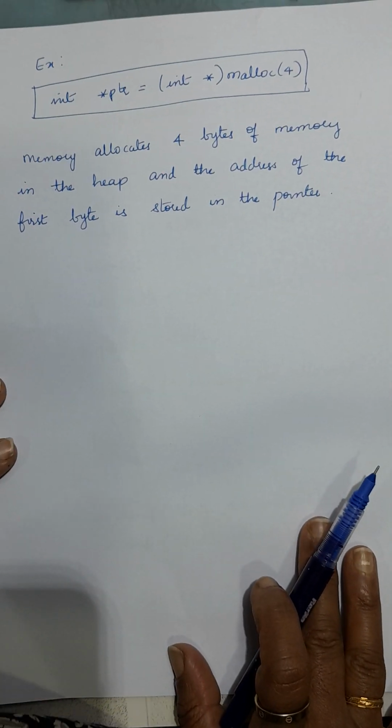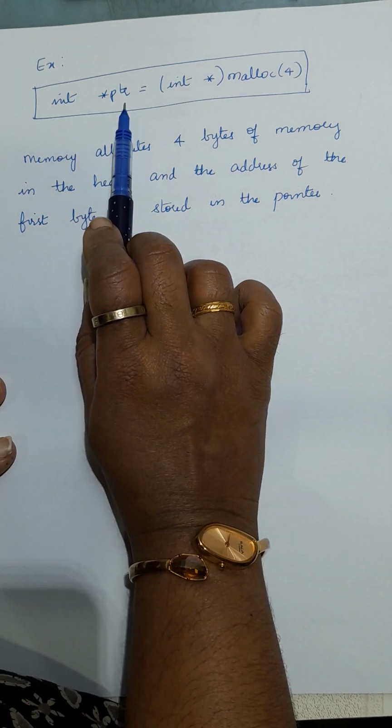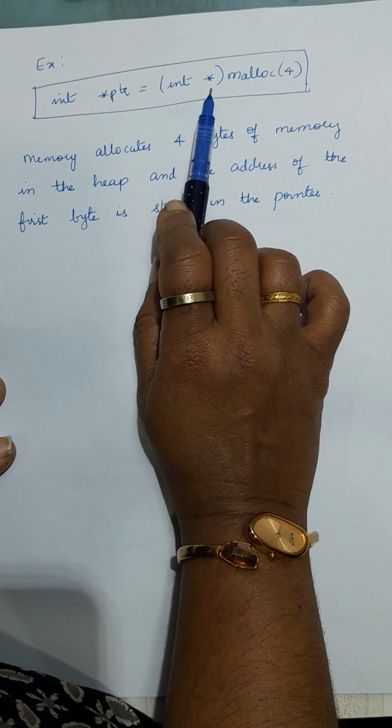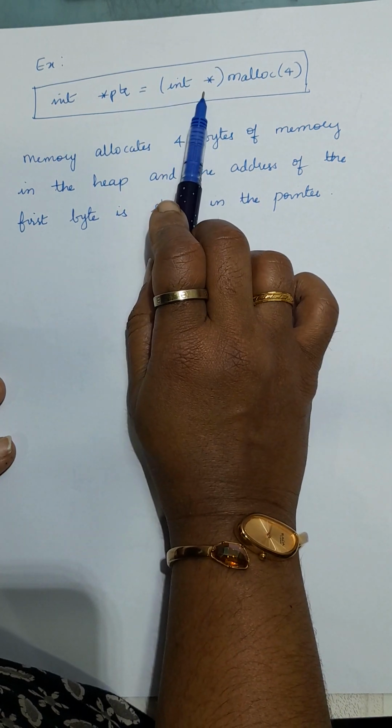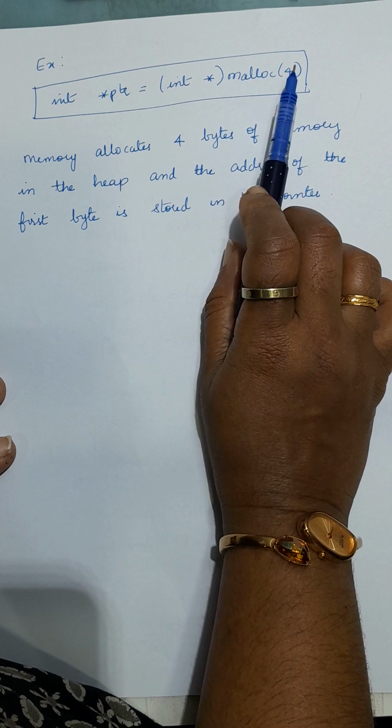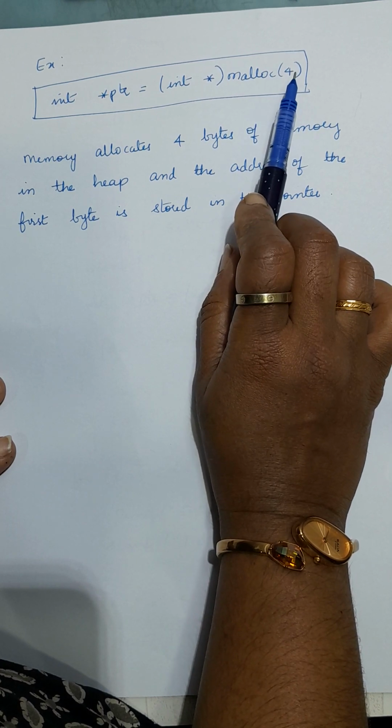Now for example, see the example here. int *ptr = (int *) malloc(4). This is the typecasted data type. Now what is this 4? 4 is the number of bytes that need to be reserved.